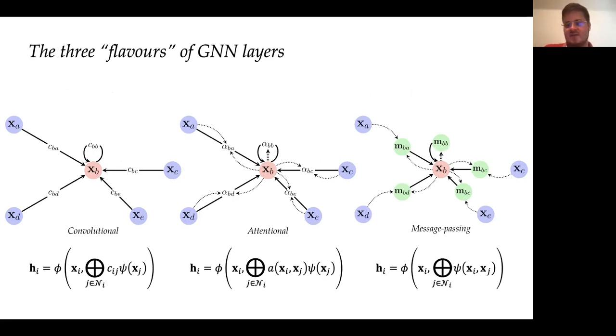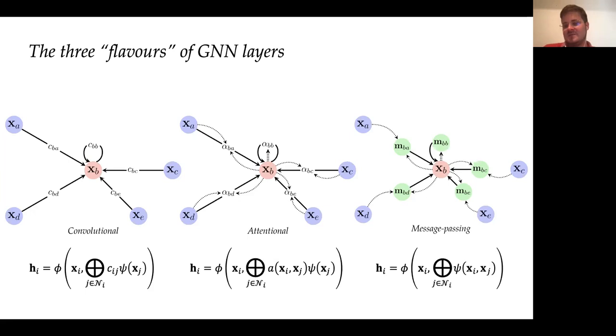Here I've just given kind of a pictorial representation of all of them, along with the equations for computing the h_i based on the neighboring x_i's. But one thing that's very important to note is that as you go from left to right, the space of functions that you can represent grows. So you can represent convolutional layers as a special case of attentional layers, and you can represent attentional layers as a special case of message passing layers.